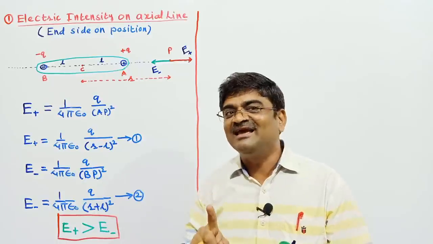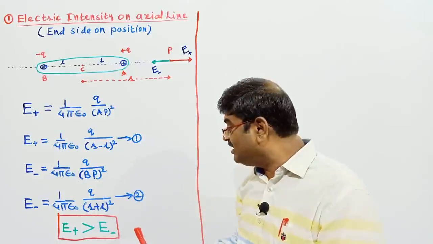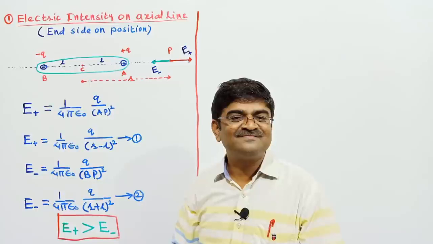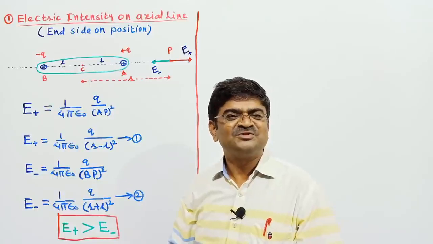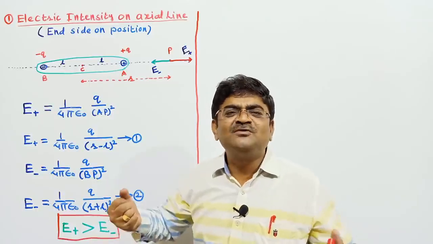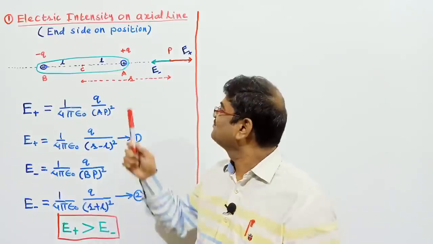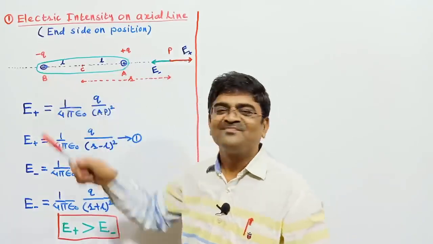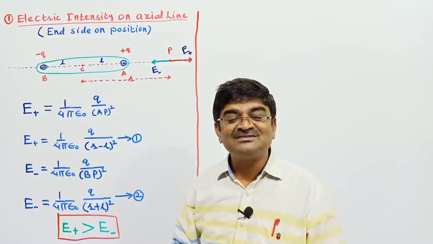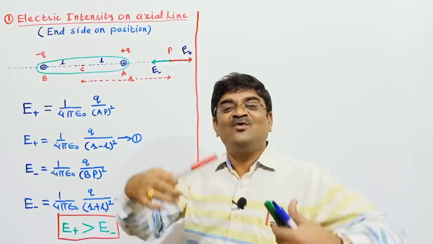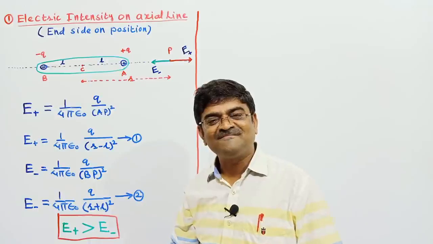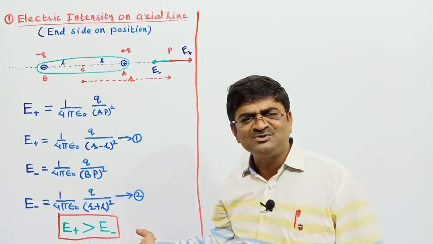In that case, you will have E minus greater than E plus. Simply, in a rough way to talk, whichever charge is closer to the point will contribute more. Whichever charge is closer to the point P will contribute more intensity. And that's what I visualize over here.